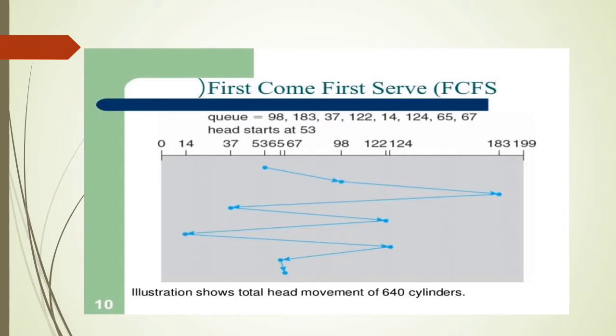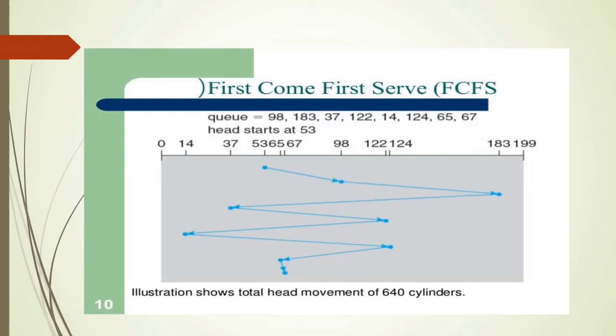So it is checking which request stands next in the queue next to 53. In that case, 98 is standing next to 53. So first, after completing 53, immediately it travels to 98. Then next to 98, it immediately travels to 183. According to the request which stands in the queue, it is serving.